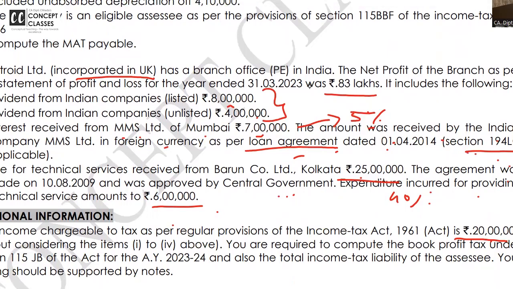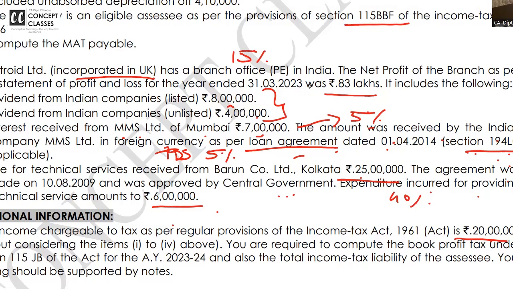When we do 194LC, LD, LB, all the sections, whatever interest you pay outside India, TDS is deducted at the rate of 5% and no other tax is going to be charged. So now, MAT कितने percent पे payable है? 15% पे. Please go and check this section 115BBF.